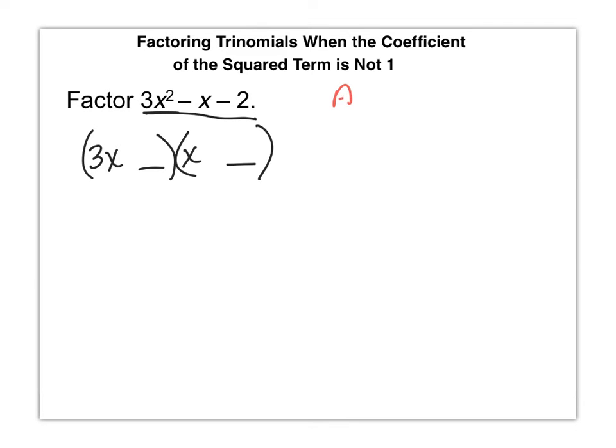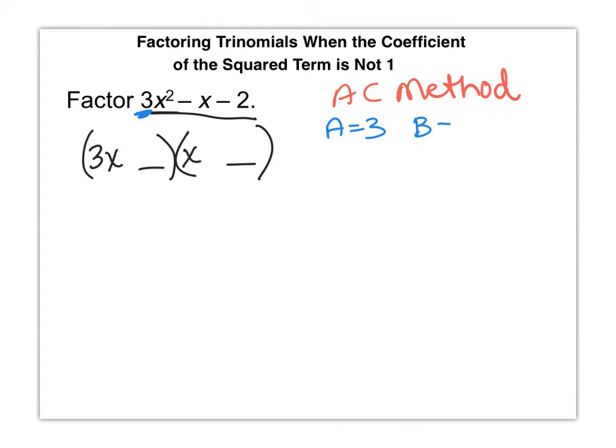So the AC method. In doing the AC method here, we multiply A and C together. So A in this case is equal to the first coefficient of the x squared term, which is 3.